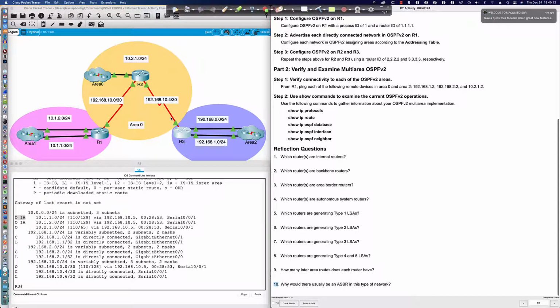The type 4 and type 5 LSAs, respectively, are for external routing information, meaning routing information coming from outside the OSPF routing domain. Now, remember, I'm not saying from another area. That would be inter-area.